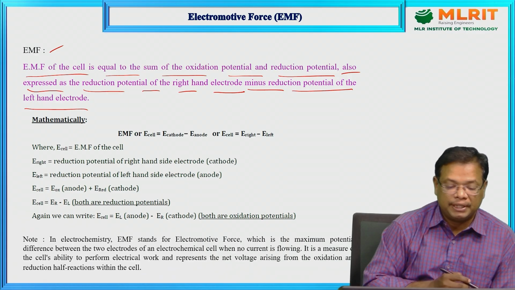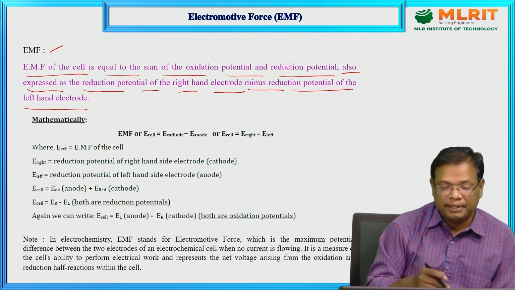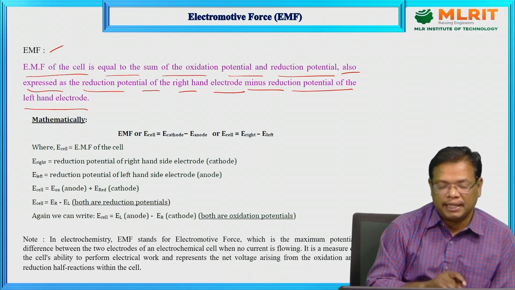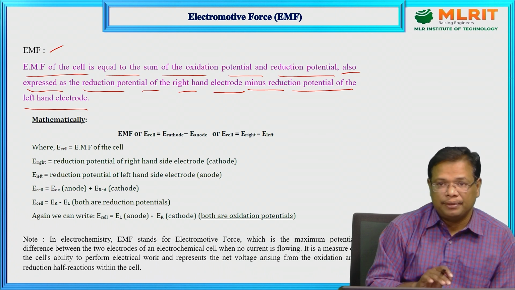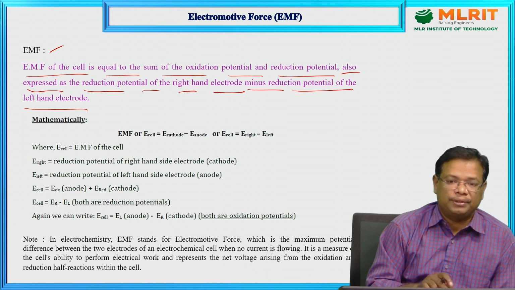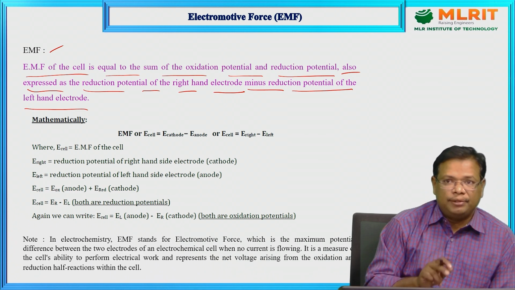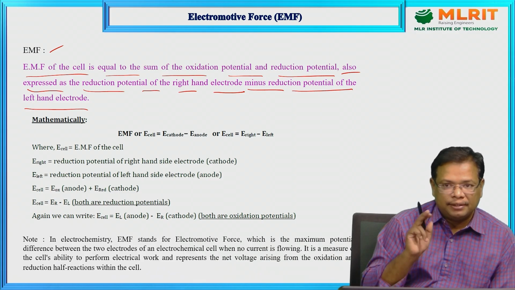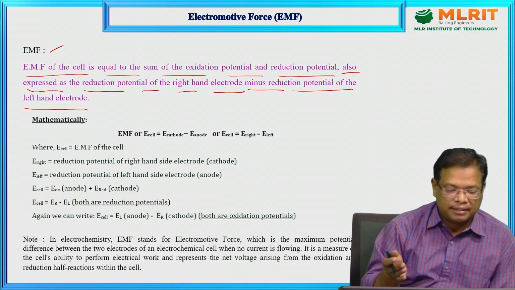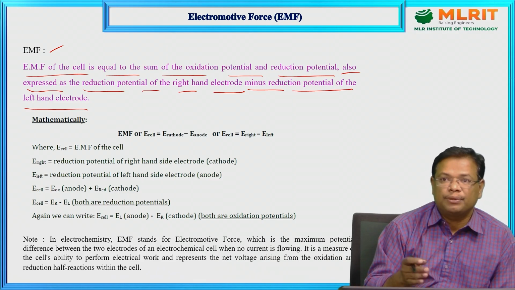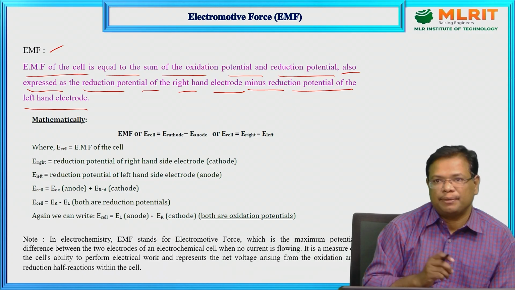So the potential difference is between two electrodes, one cathode and one anode. Each individual electrode has its own highest oxidation property and its own lowest reduction property also.